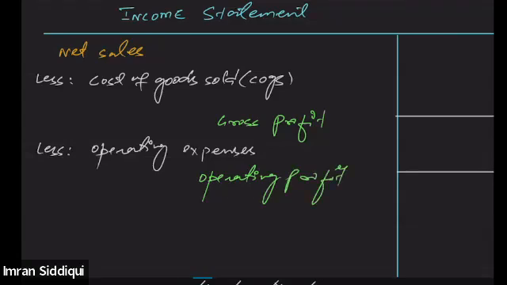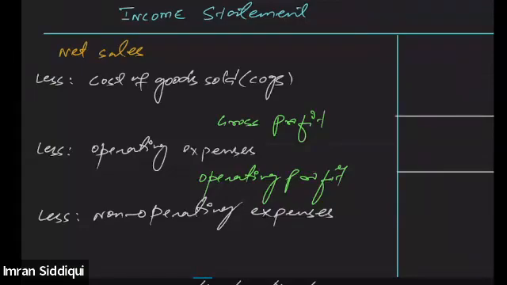Once you get the operating profit, you have to subtract the non-operating expenses, and non-operating incomes will be added.